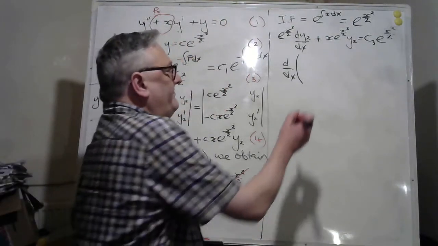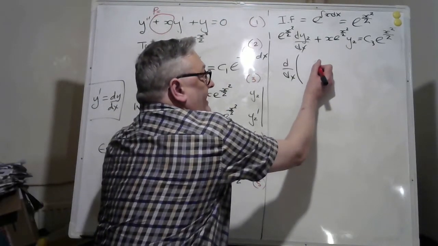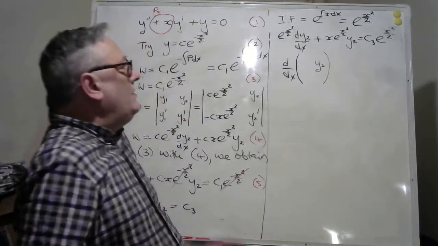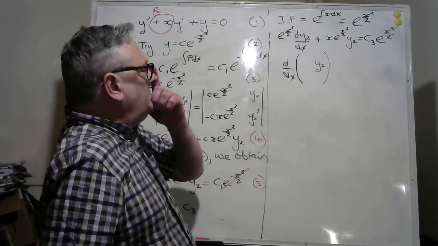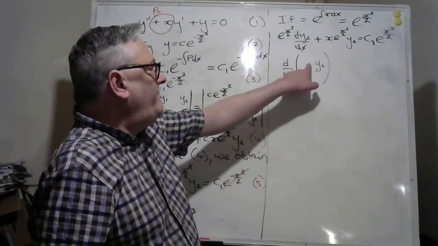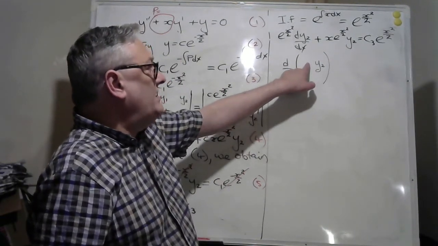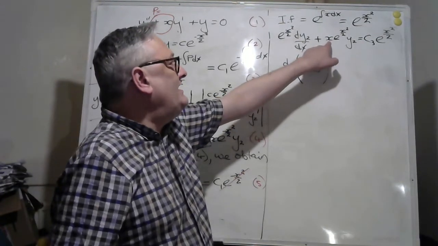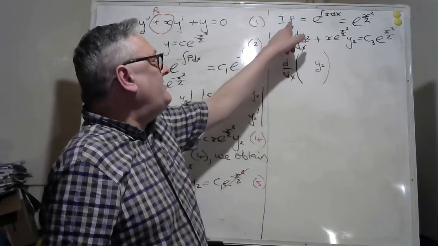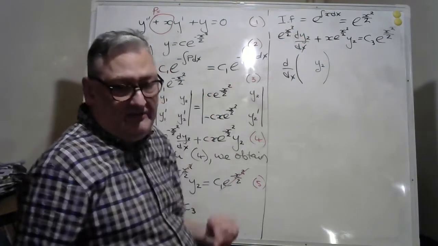We know that one of the terms that we have to differentiate is y2. But what do we choose for the other term in the product? Is it x? Is it x e to the x squared over 2? Or is it just e to the power x squared over 2?